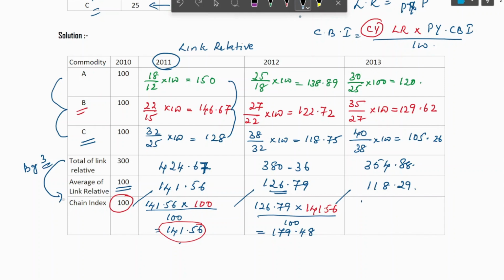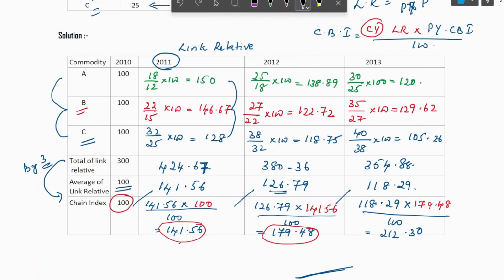The last one, 118.29 into 179, the previous year chain base index, whole divided by 100. Therefore the answer is 212.30. That means you have completed the entire calculation in the table.